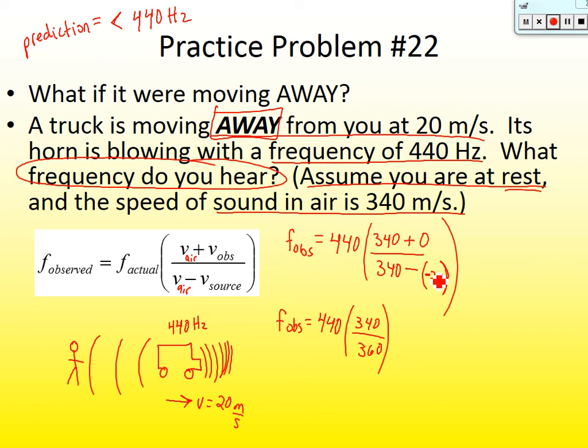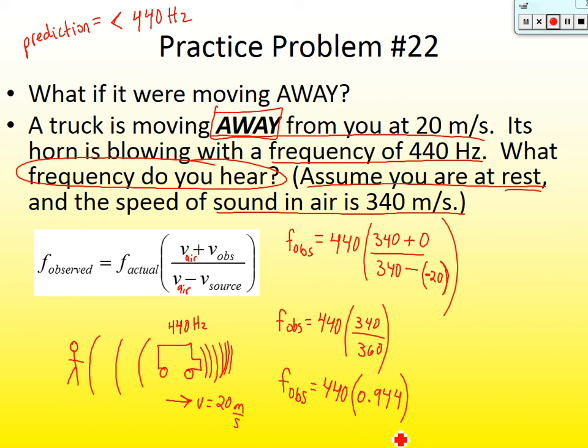All right, now it's a simple math equation. Let's simplify it a little bit more. 440 times 340 divided by 360. 340 divided by 360 is 0.944.